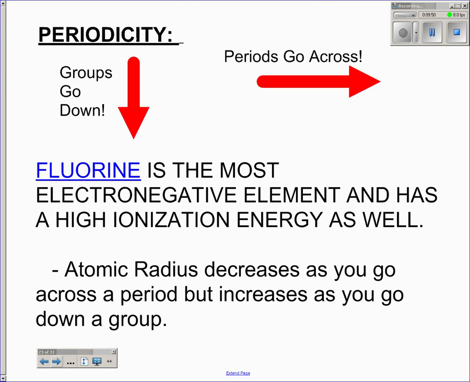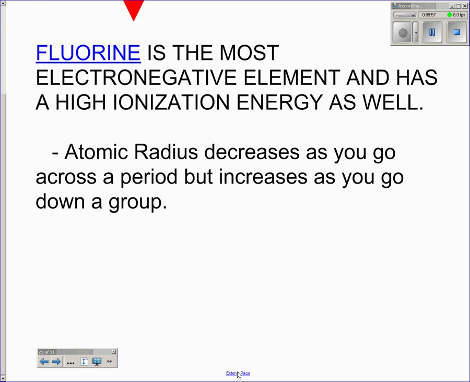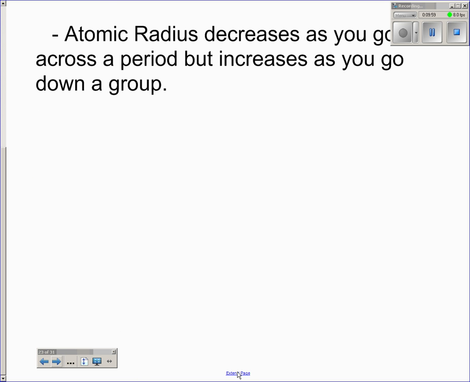Then let's draw for you the electron configurations of the group 1 elements. Lithium is 2,1, sodium is 2,8,1, potassium is 2,8,8,1. So as you go down a group, what happens?